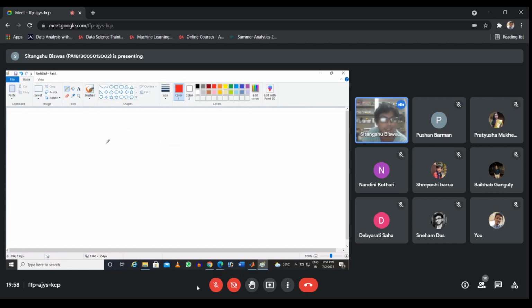So let us take one simple example. This is the central line of the shaft. This is the shaft. Already we have learned it.